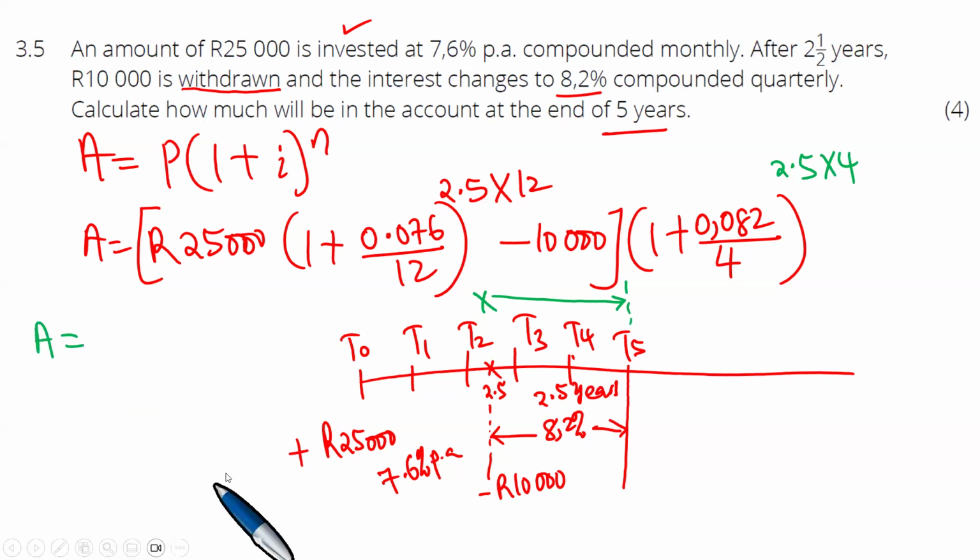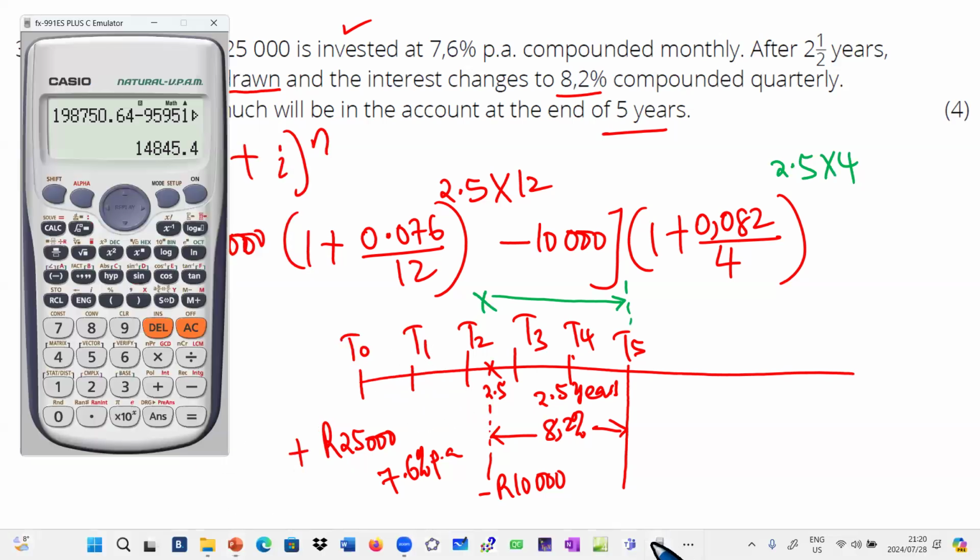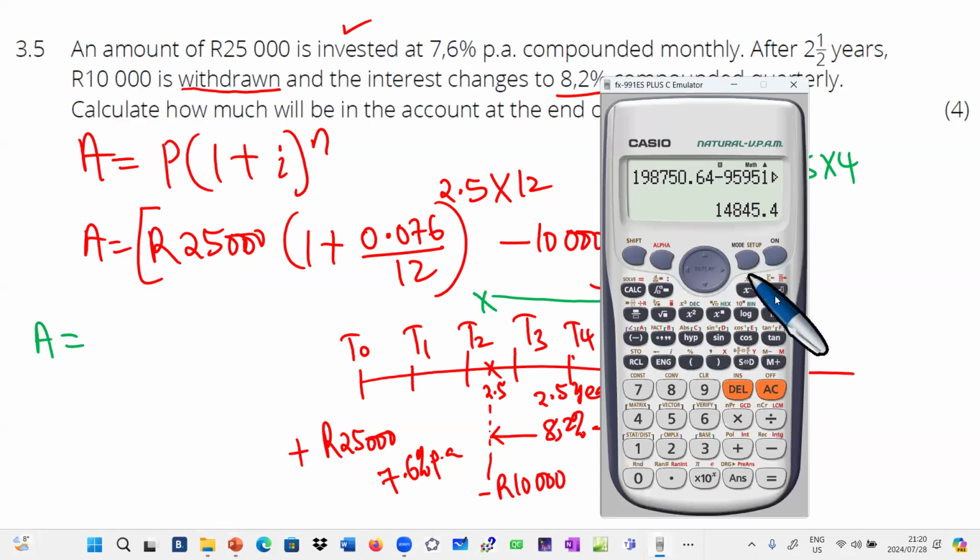So now we have the following. 25,000 times 1 plus 0.076 divided by 12.